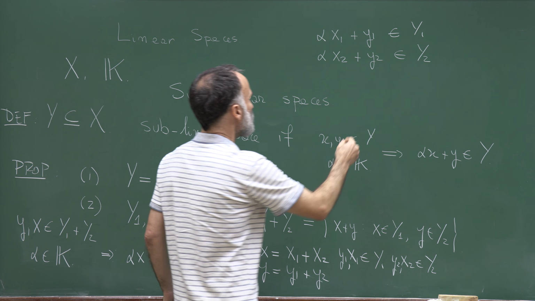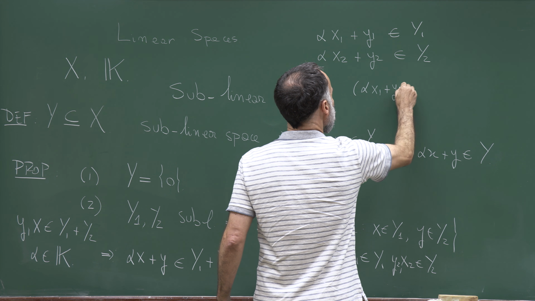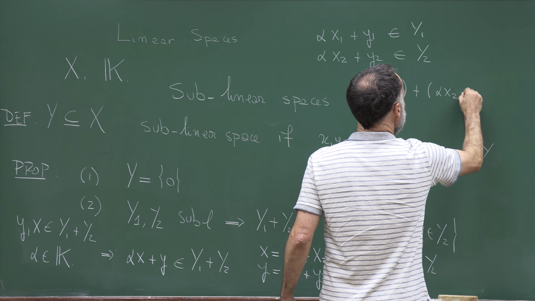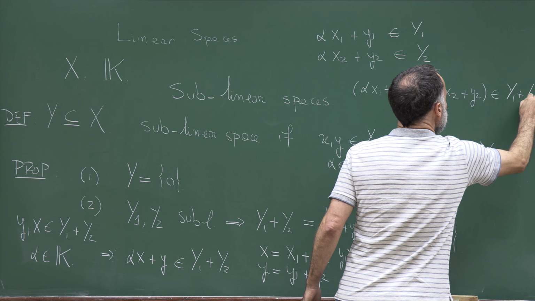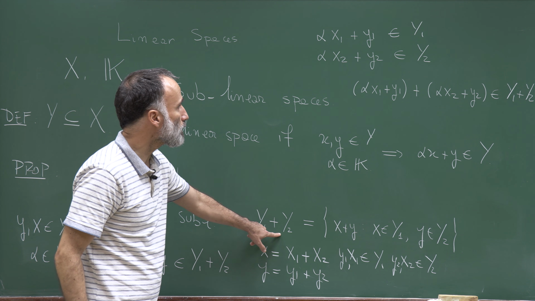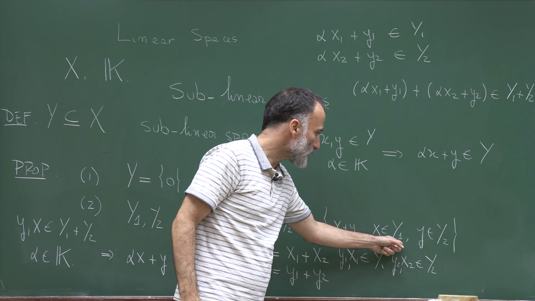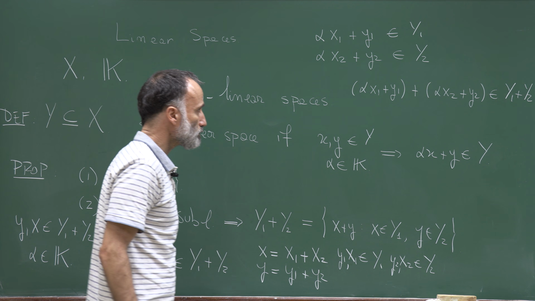But this means that alpha x1 plus y1 plus alpha x2 plus y2 belongs to Y1 plus Y2 by definition of Y1 plus Y2, right? Y1 plus Y2 are all elements which can be written as an element of Y1 plus an element of Y2, which is the case.